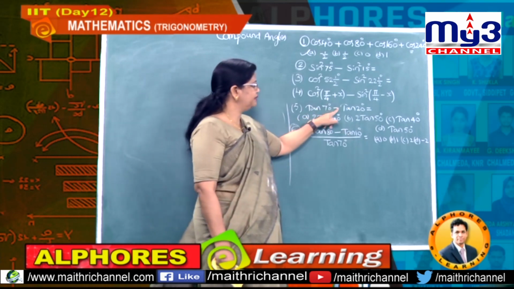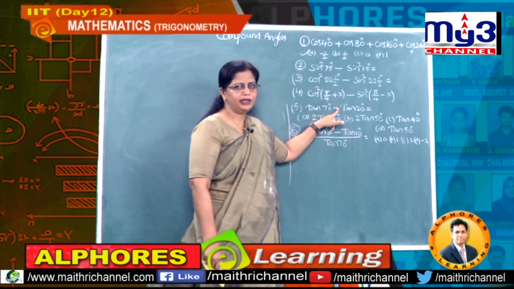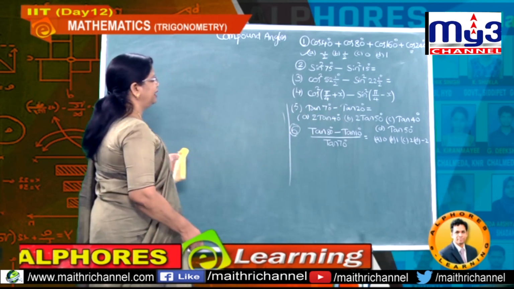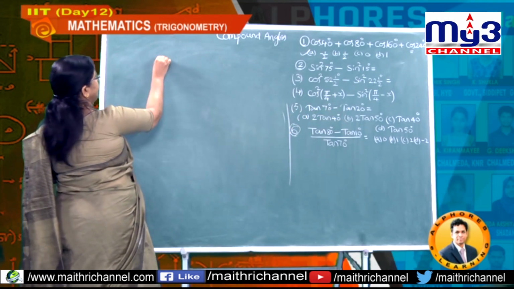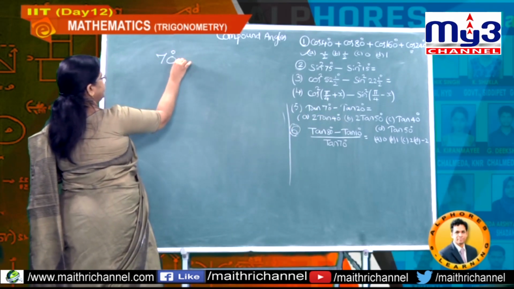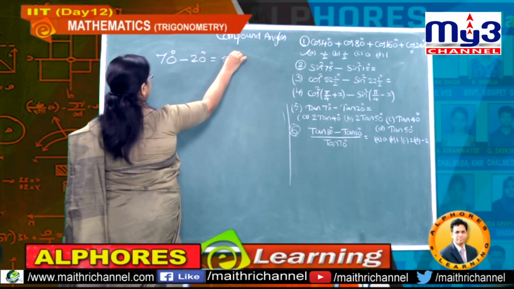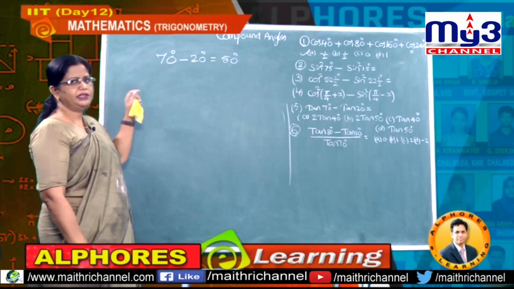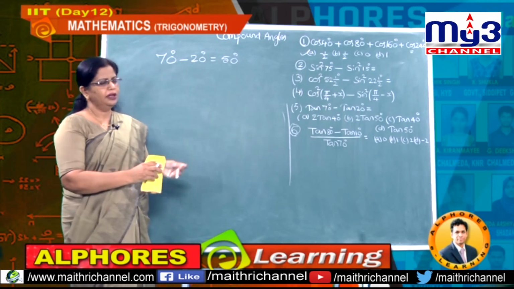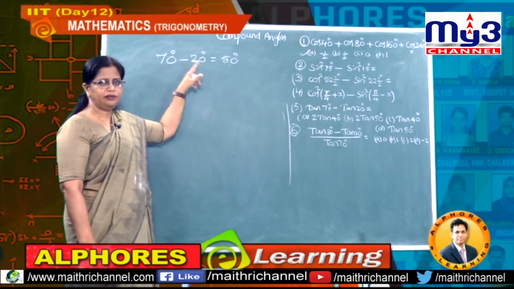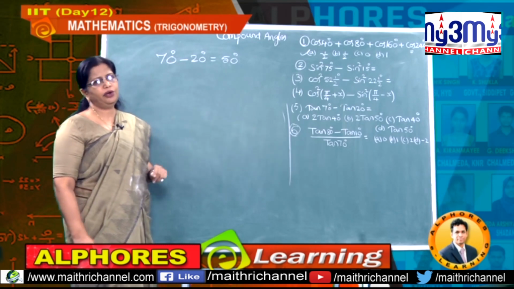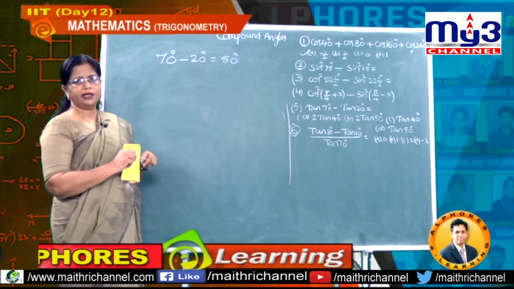Now between these, what symbol is given here? Minus. Therefore I am writing the given problem as: consider 70 degrees minus 20 degrees equal to how much here? 50 degrees, right? So this is a complementary combination, and we use the minus symbol because minus is there in the problem. Let's take the tan function.